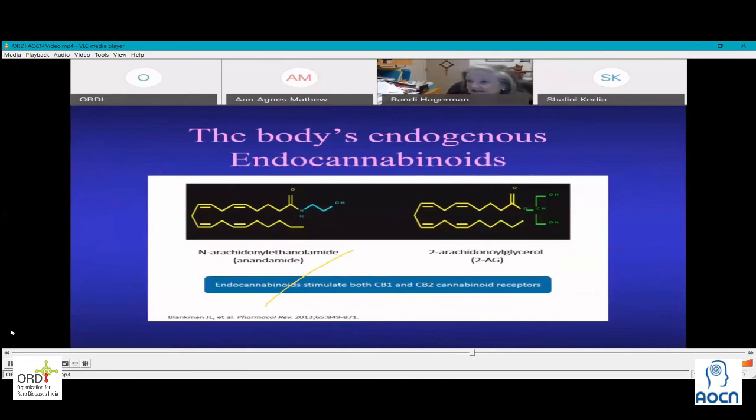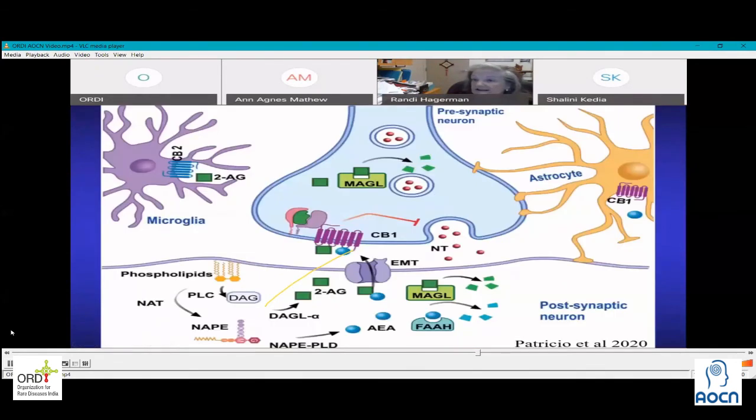The body's endogenous endocannabinoids, called anandamide and 2-AG, stimulate both the CB1 and CB2 receptors, which are throughout the body, but also in the central nervous system. CB1 particularly is on astrocytes, and CB2 is on microglia.